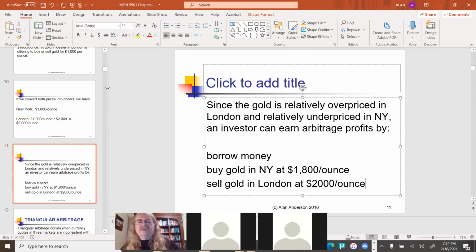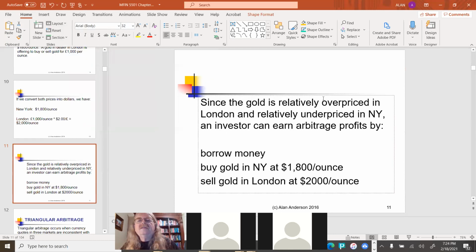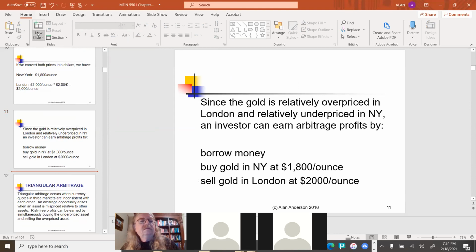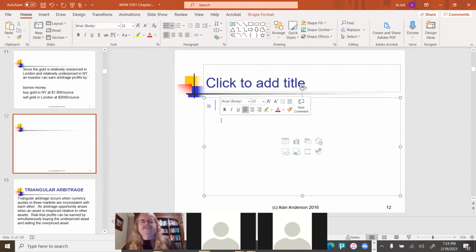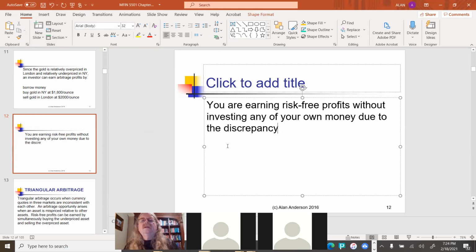So what is that going to accomplish? Well, you can see for yourselves that you are actually earning risk-free profits without investing any of your own money, due to the discrepancy in the prices of gold in New York and London.